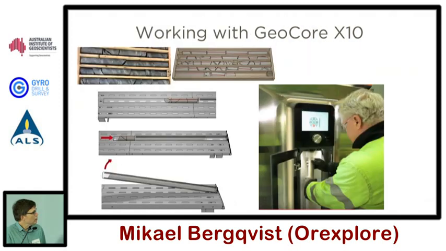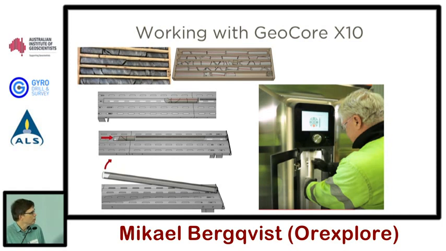So, working with the GeoCore, here is working with oriented core from the training material for that. This is the core tray, and then some rendering illustrations. Putting it down and putting it in the same way as it was when the orientation line was drawn.